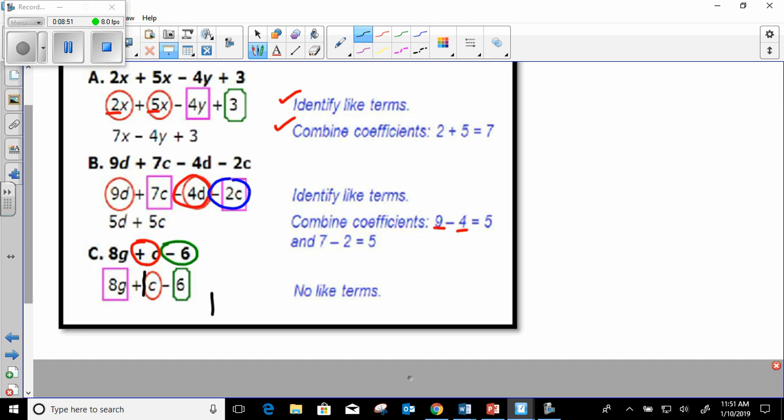So it's 1C, I've used the C, then I'm going to go to the G plus 8G minus the 6. Now what you could see as well is C plus 8G minus 6. Okay, the 1 is understood because there is one C.